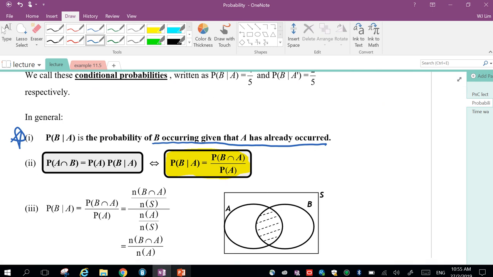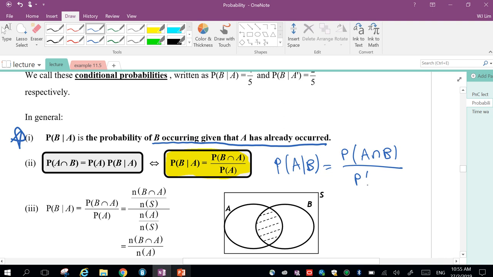Likewise, probability A given B is, what can I use from here? It's probability A intersect B divided by probability B. So this is how we manipulate it: B becomes A, A becomes B. This is another formula.